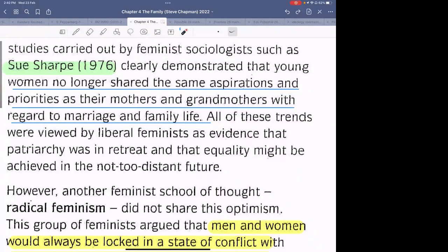Yeah? So this could probably be because of the changes in the legal system, the changes in the opportunities that females used to once have, right? So all of these trends were viewed by liberal feminists as evidence that patriarchy was in retreat, right? And that equality might be achieved in the not too distant future.